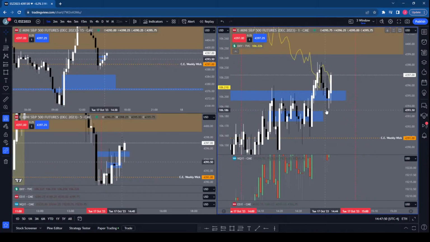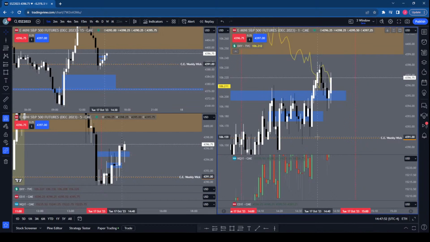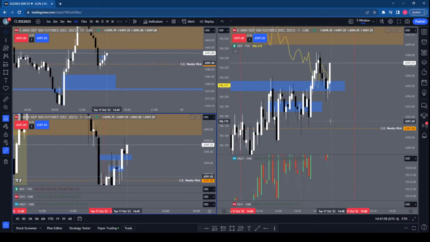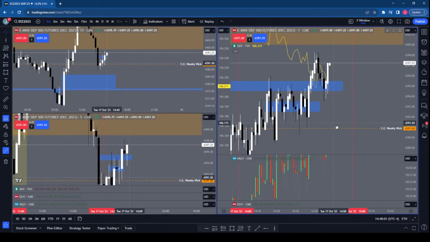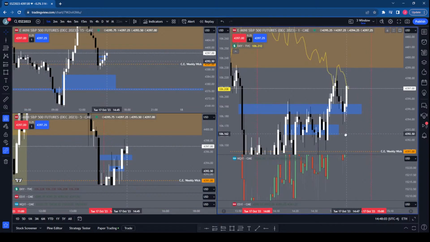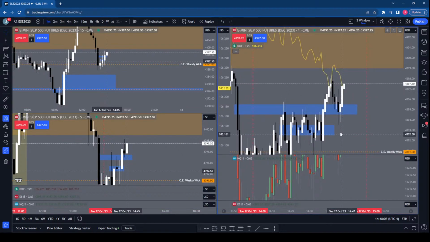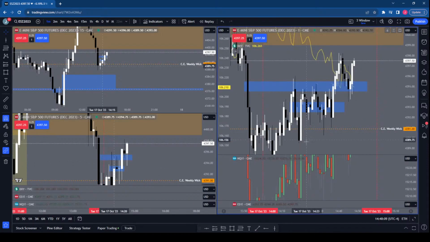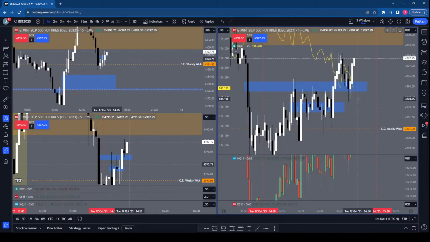You would have entered right there. But we're not trading order blocks right now. We're trading the 2 to 3 silver bullet. And we kind of got 5 handles.